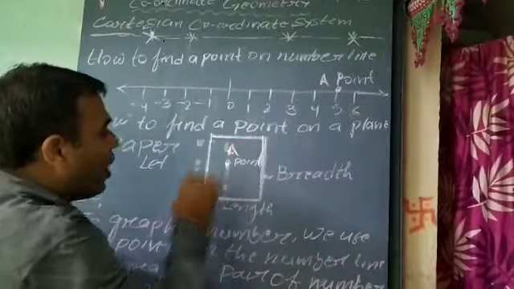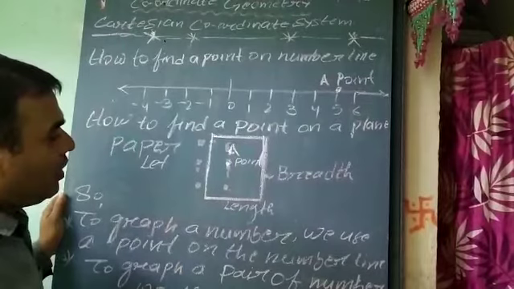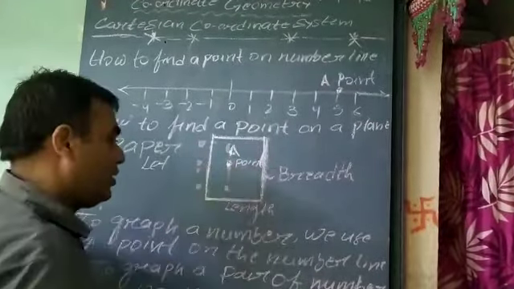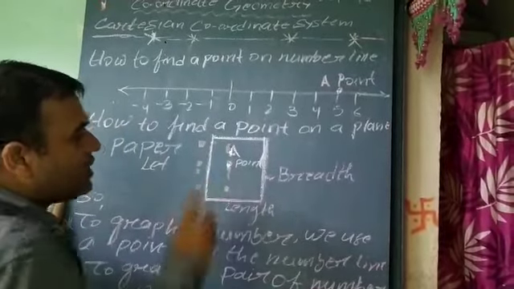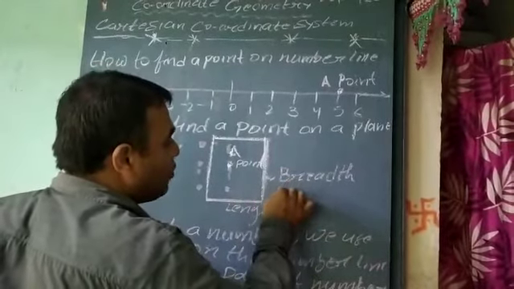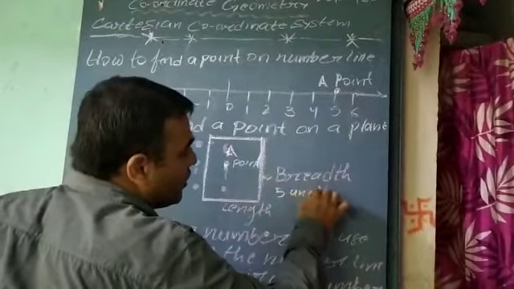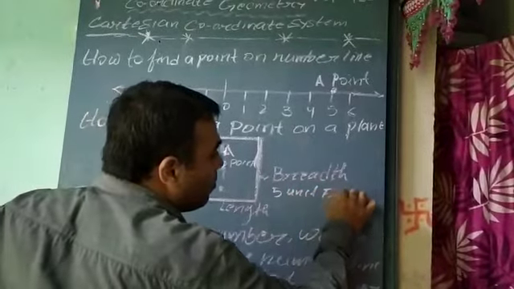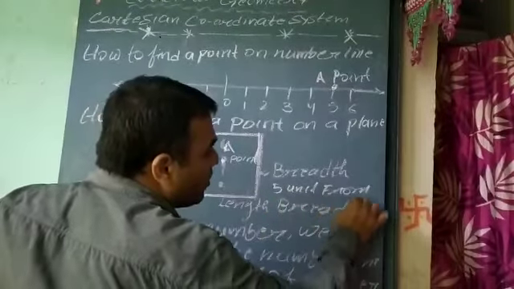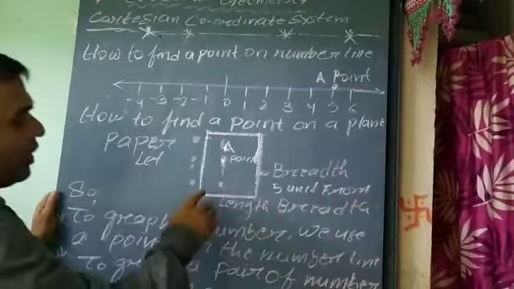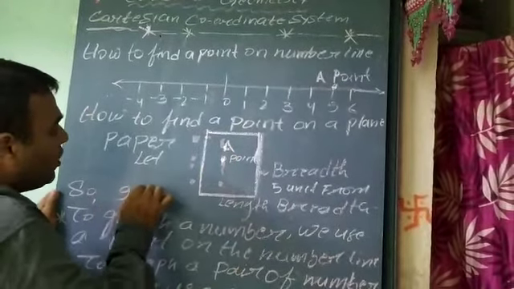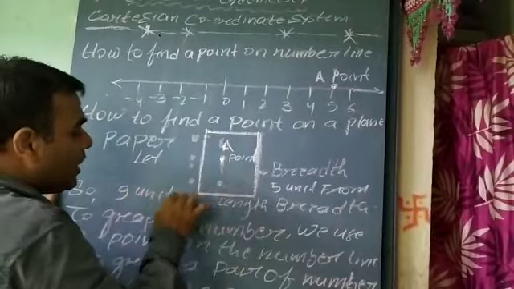So to denote a point on a paper, we can measure from the length side, or we can measure from the breadth side. So a point can be said to be 5 units from the breadth side, and we can also say it is 9 units from the length side.